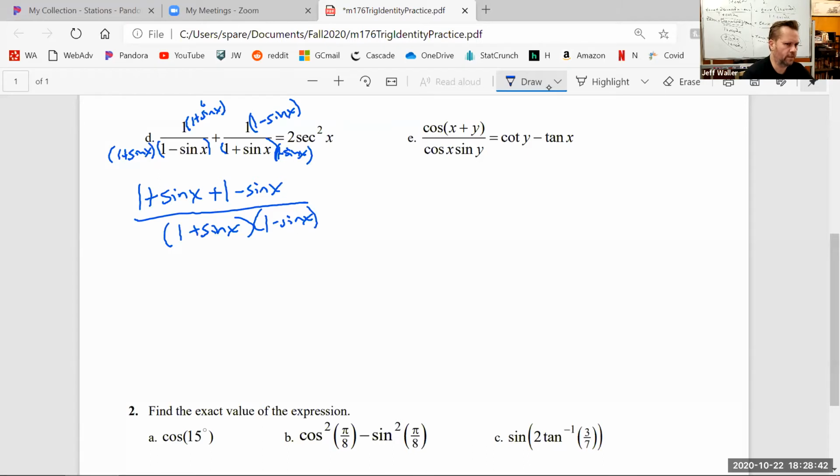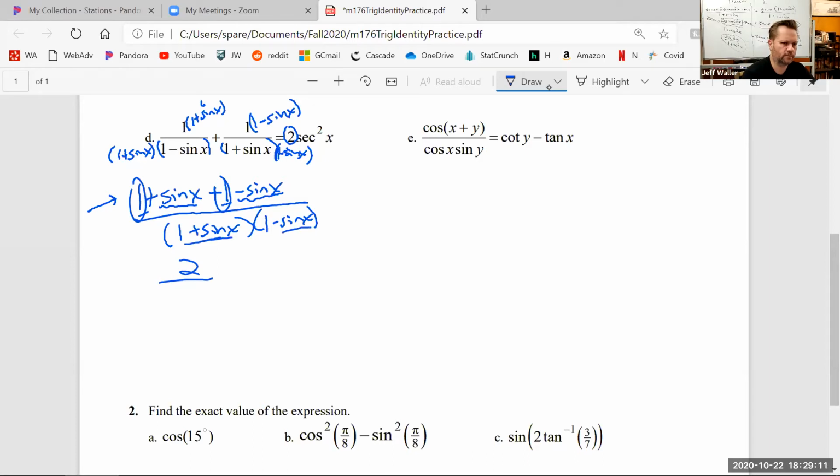So what happens on the top that's interesting? The sine of x cancel each other out. Good. And I get that 2. That's cool. It's always nice to see a piece of the other side showing up out of nowhere. There's a 2. And then on the bottom, what can I do with this, of course?